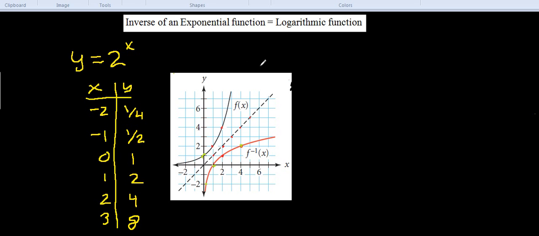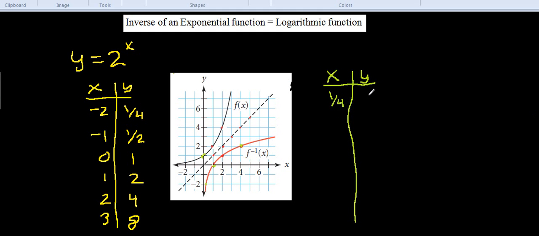And to do the inverse, what we've seen in the last lesson is that we would just interchange the x and y. So if we're looking at a new table here, if we have x and y, we would simply exchange.